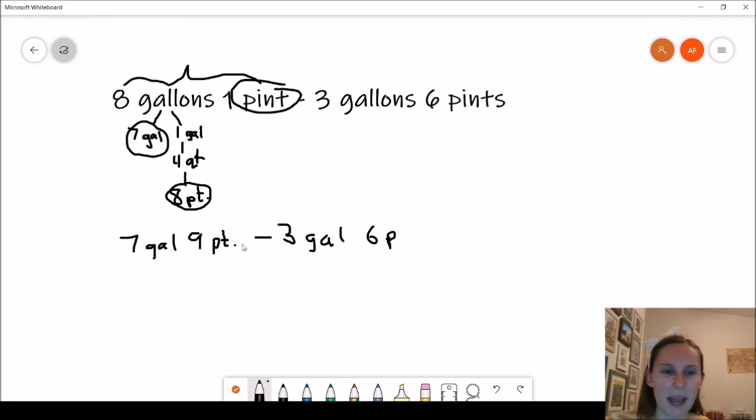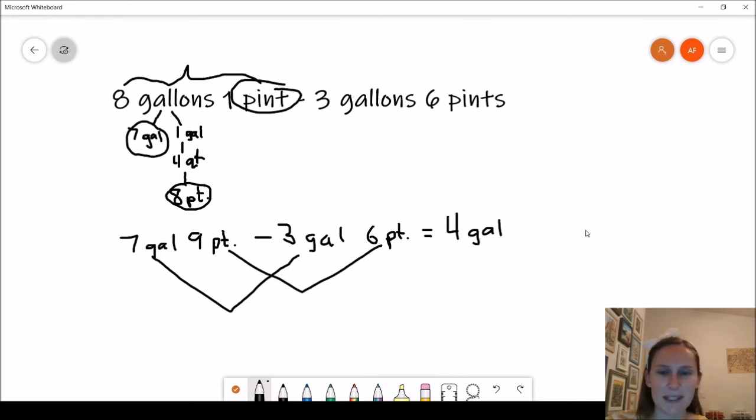And now I have enough pints on this side that I can subtract my 6 pints. I can subtract gallons from gallons and pints from pints because I can subtract similar units from each other. 7 gallons minus 3 gallons gives me 4 gallons. And 9 pints minus 6 pints gives me 3 pints. So my difference is 4 gallons and 3 pints.